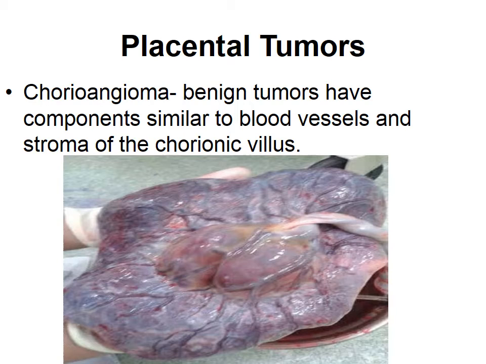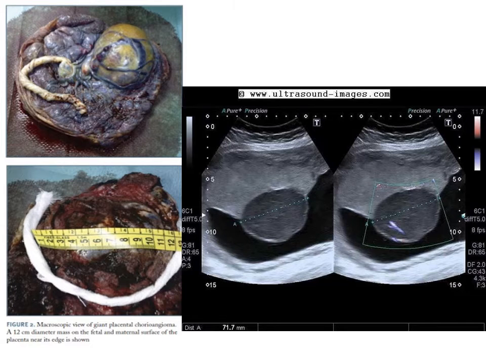In some cases, maternal serum alpha-fetoprotein levels may be elevated with those tumors. Chorioangioma sonographic appearance has well circumscribed, rounded, predominantly hypoechoic lesion near the chorionic surface and protruding into the amniotic cavity.